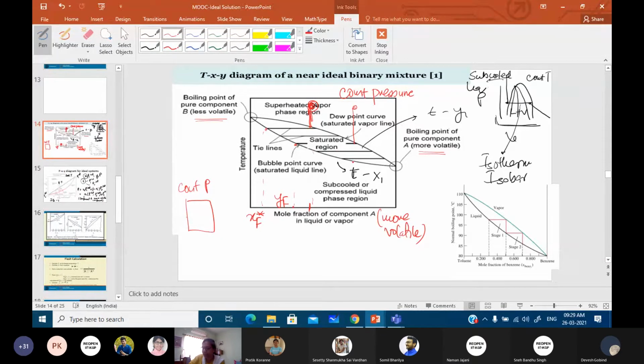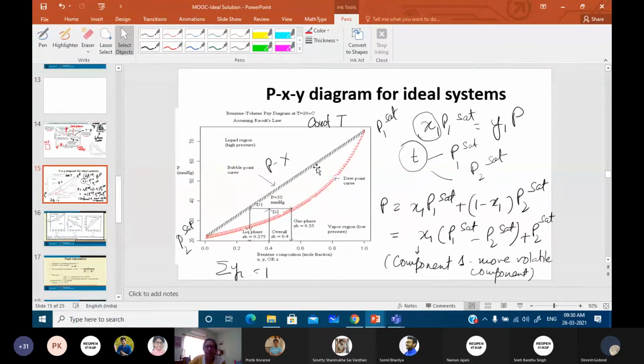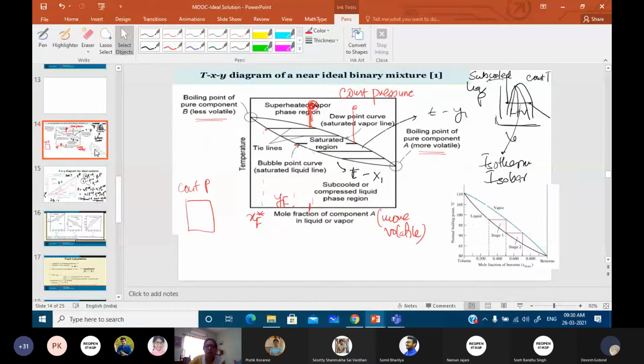In that case, it does not occur at a constant temperature. It can also be an isotherm as in this particular case, but then it does not occur over a constant pressure. It occurs over a range of temperature at constant pressure. This is something you need to remember.